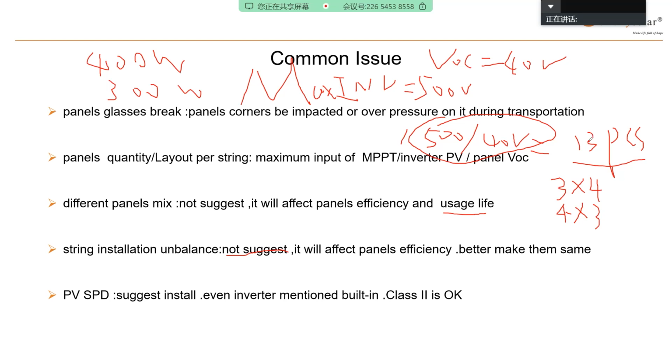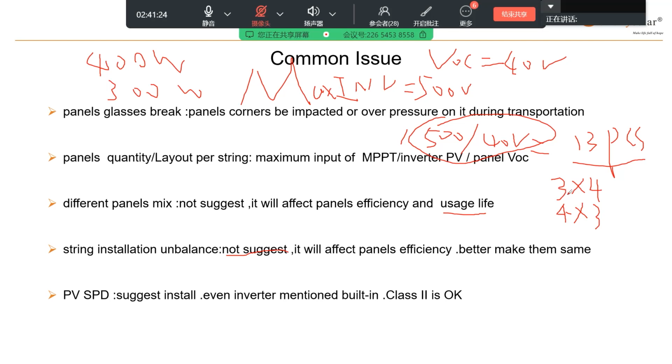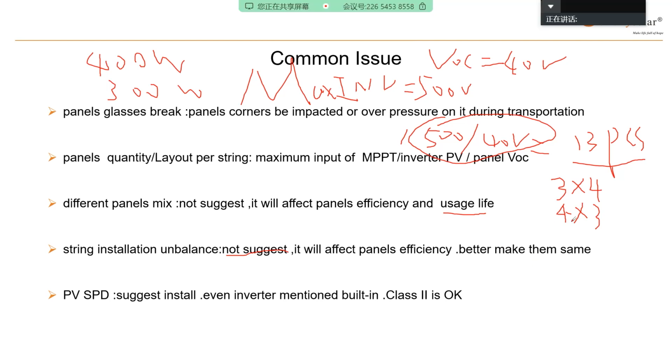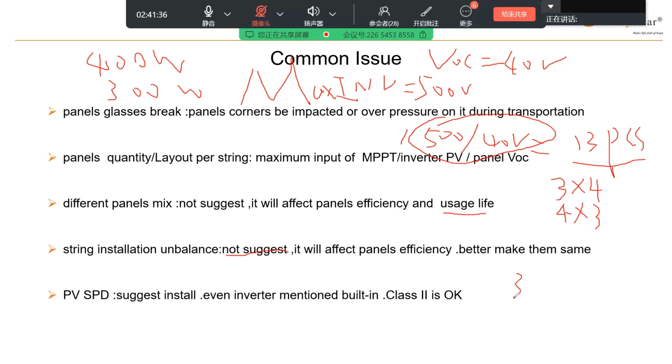But if you add the extra piece, the last piece, to any string, it also wastes this panel's power. Like here, 3 pieces per string and 4 parallel. That means 3, 3, 3, 3.